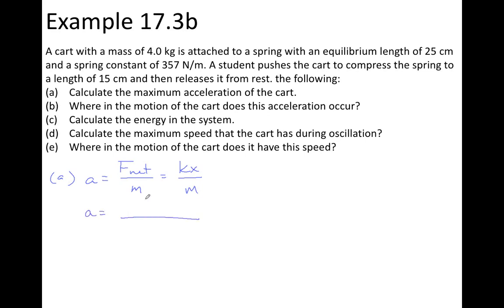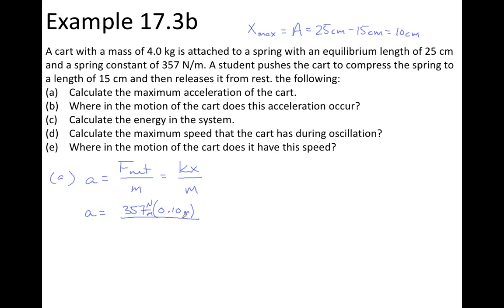We know the value of k is 357 newtons per meter, and the value of x when it's a maximum, the amplitude, is going to be the difference between the equilibrium length and the compressed length, which is 15 centimeters. That difference gives us 10 centimeters, or 0.10 meters. It's really important that we're in meters so that the units of meters will cancel out.